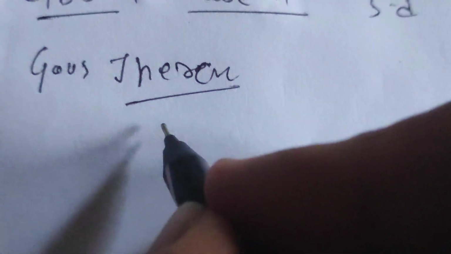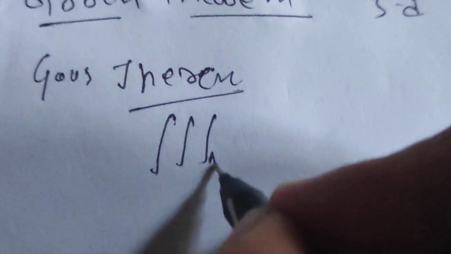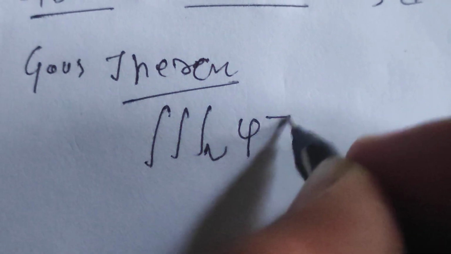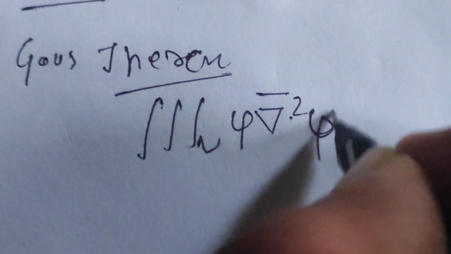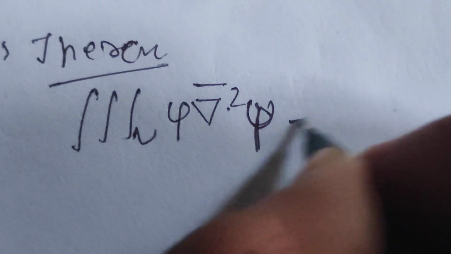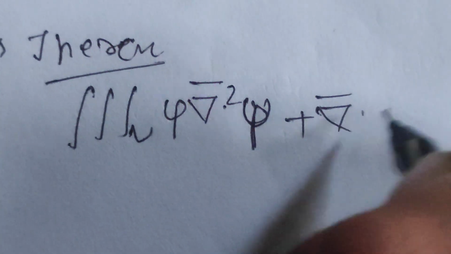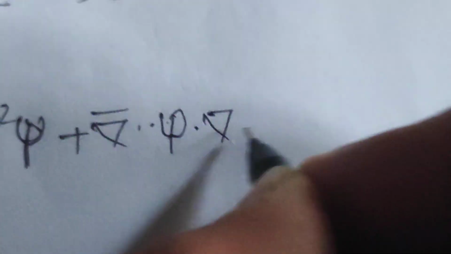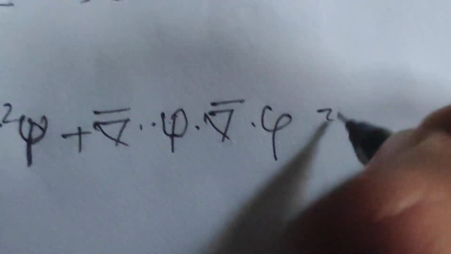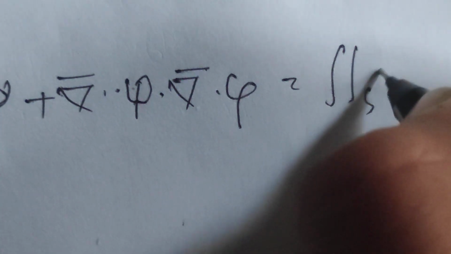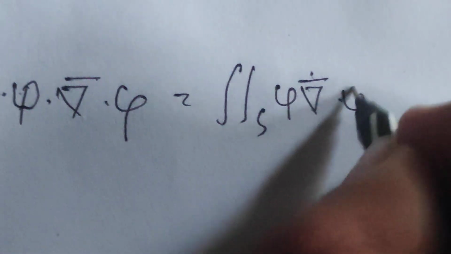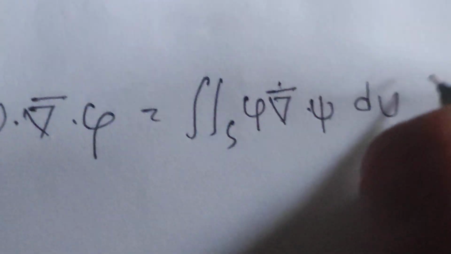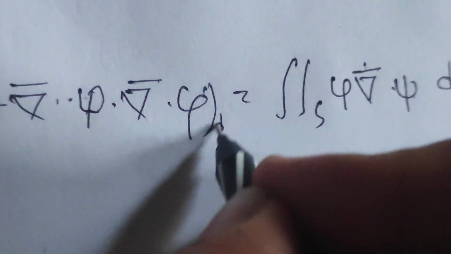It says how we can convert the volume integral of phi Laplacian psi plus gradient phi dot gradient psi into the surface integral of phi gradient psi dot ds, or here it is dv.